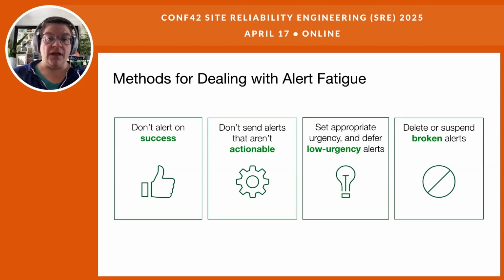You could have a goalie or triage time in the morning to say, okay, 9:30, we're here. We're going to go through everything that came in overnight that was low urgency and deal with it that way. You can also push things maybe to a ticketing system instead of your real-time notifications if it's stuff that can really be deferred and be decided on later. You can be super aggressive with these.